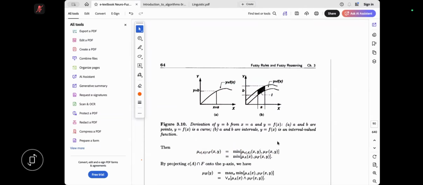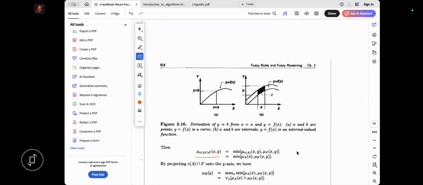Yes, sir. Okay. So if I have to calculate mu B of y by projecting this calculation onto the y-axis, how will I get it?